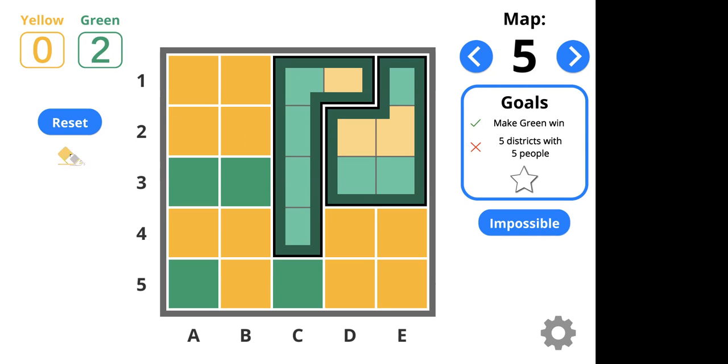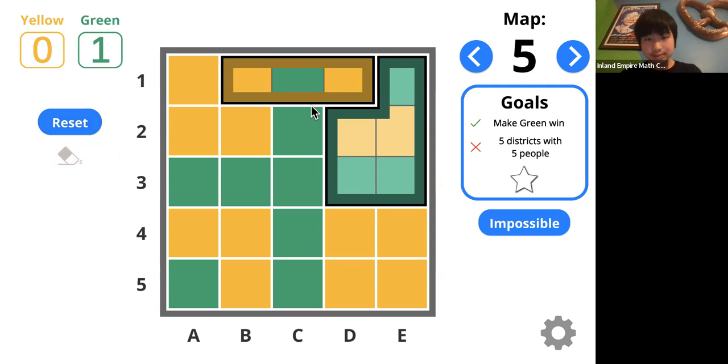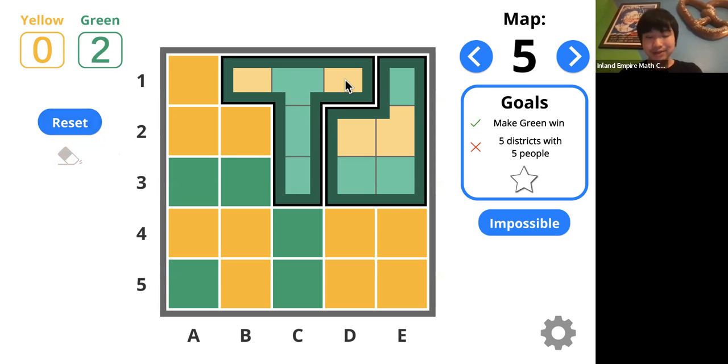So what we could do is erase that one and then put it to 1A, B, C, D, and then 2, 3, C. Yeah, so now this is wasting two of yellow's votes, which is great.